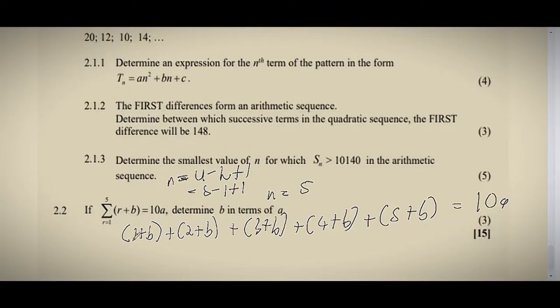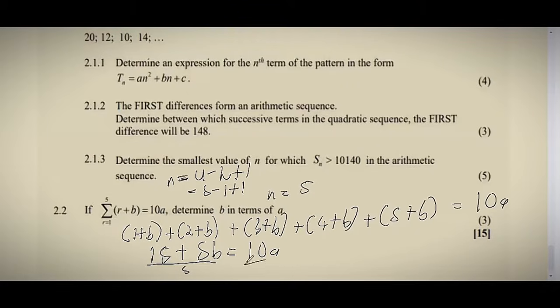Now, if we add all this, that's 1 plus 2 plus 3 plus 4 plus 5, and that gives me 15, right? And then if I add all this b, that will give me 5b. Now at this point, I have 15 plus 5b is equal to 10a, right? Now all the numbers here are divisible by 5.